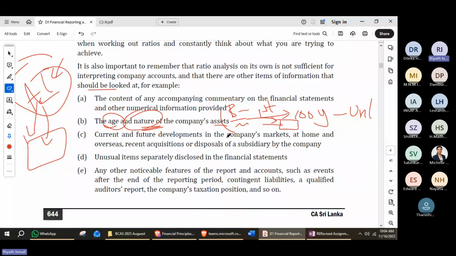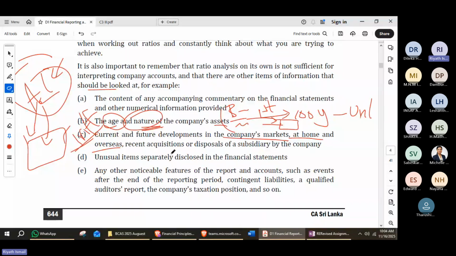Current and future development of the company's market: companies need perspective about the future, home and overseas, the local and global scenarios like Donald Trump's tariff. Tariffs have made a significant impact on many businesses around the globe, including Sri Lanka.